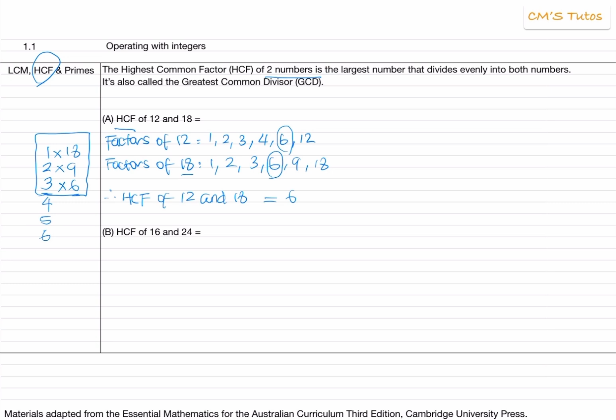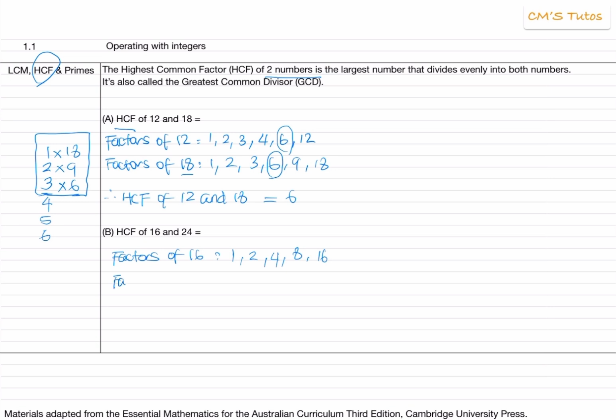Now let's do another example. Let's do factors again. Follow the steps. Factors of 16 are, I'm going to do 1 and 16, of course, 2, 4, 8, and 16.